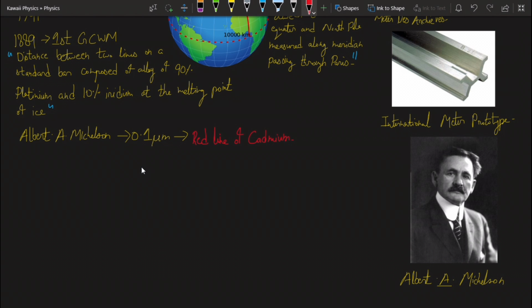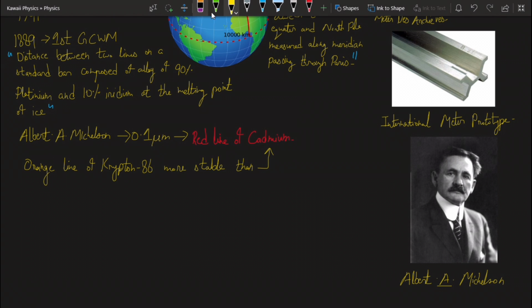So more experiments were conducted, and they found out that the orange line of krypton 86 was more stable than the red line of cadmium.